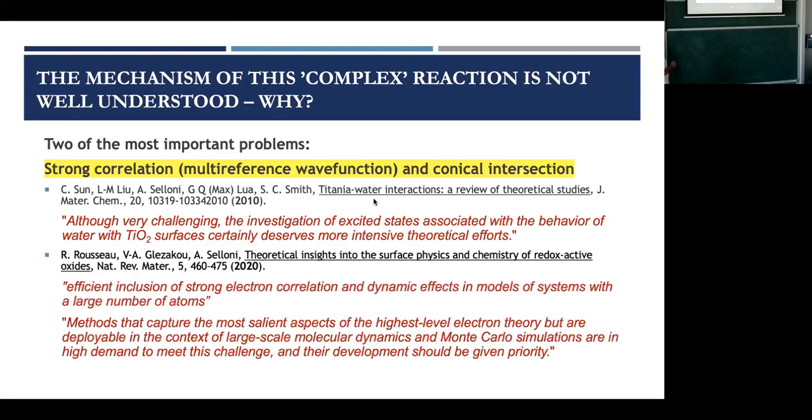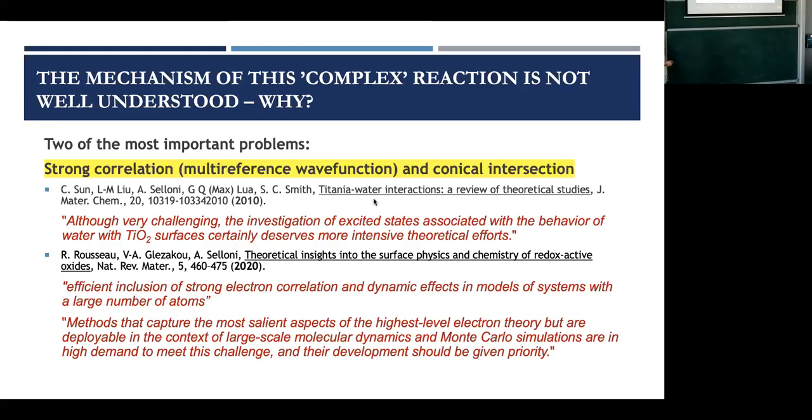And again, 10 years later, they published another review saying that we need to efficiently include the strong effect of strong correlation and dynamic effects to model these systems. This is 2020. And then methods that capture the most salient aspects of the highest level electron theory, but are deployable in the context of large-scale molecular dynamics, are needed, and the development of those kinds of theories should be given priority.